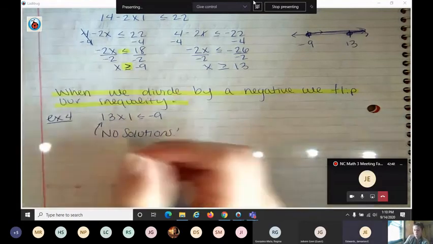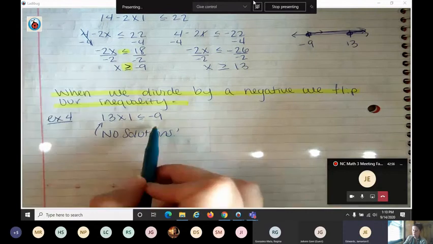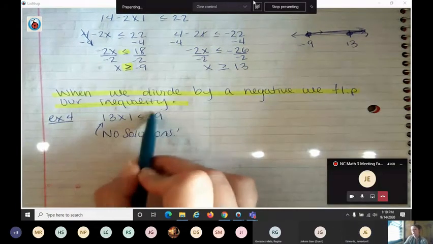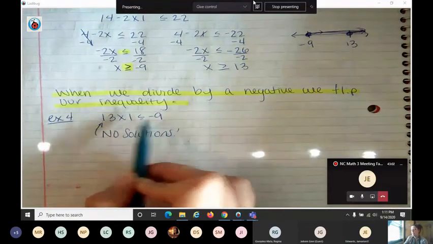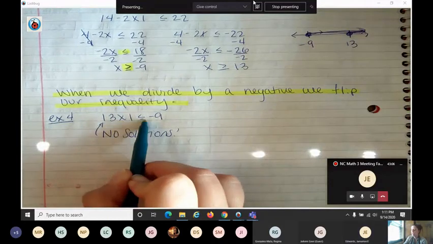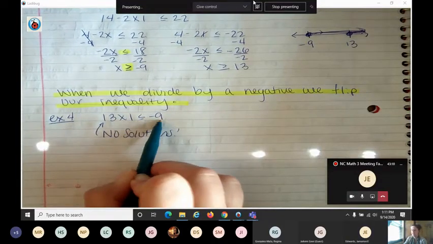So the absolute value can't be smaller than the number that's on the other side. So basically, because this is a negative number and this has to be positive, we know that the equal to can't hold true because the positive can't equal a negative.